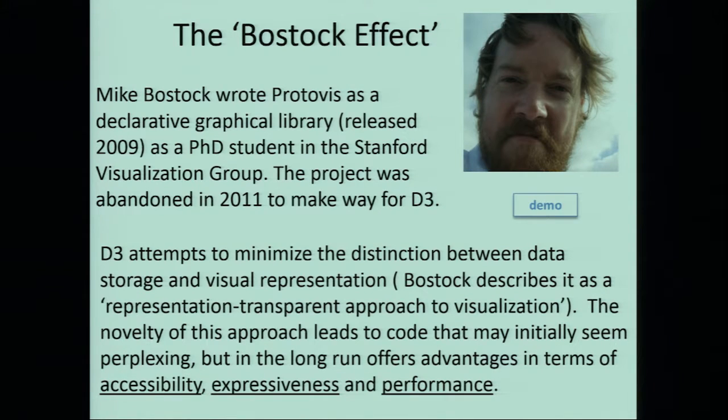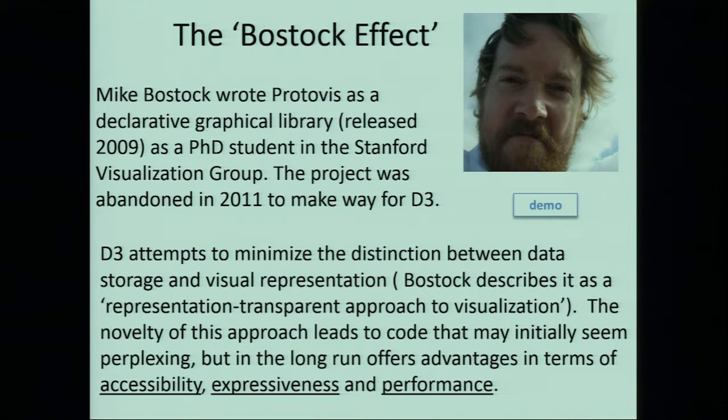And so I talked about the Crockford effect before. This is the Bostock effect. Mike Bostock wrote a graphics library called Protovis when he was a PhD student at Stanford, and then he left to make D3. He wants to minimize the distinction between data storage and visual representation. His word for this is a representation-transparent approach to visualization.